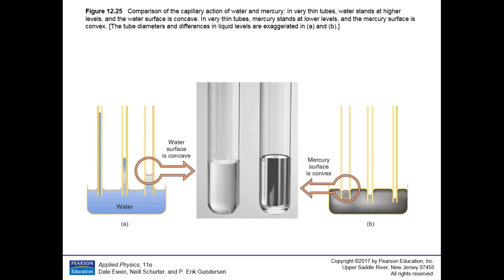In fact, it coheres to each other, and it tries to stay as far away from the glass as possible. So you put a tube down in a pool of mercury, and it actually sinks because the mercury on the inside and outside tends to stay away, but on the inside of the tube, it actually pulls the other mercury down. That's all cohesion. There's no adhesion here at all.